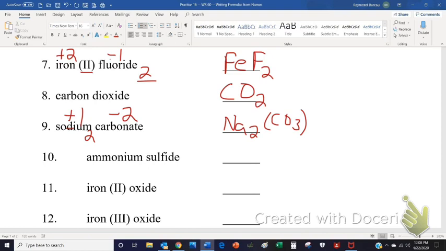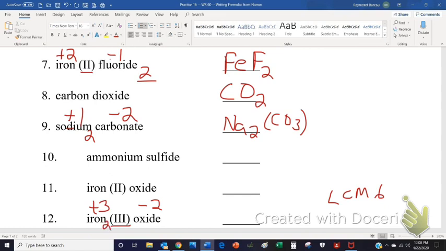All right, I'm going to do number 12, iron 3 oxide. Once again, the Roman number is the oxidation, so iron is 3. Oxygen will always be -2. It takes on 2 electrons. Well, now, since I can't just say 2 times anything is 3, remember no fractions, I have 2 ways to go here. I can find the least common multiple of being 6. That means how many 3s make 6? 2 of them do.